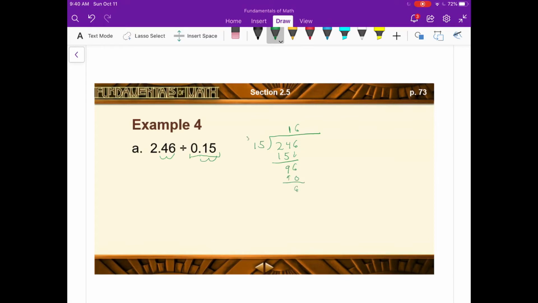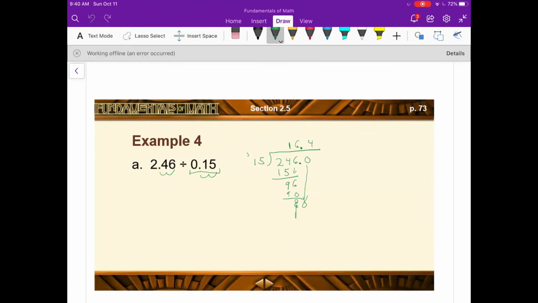This is 96, so we subtract, get 6, and then we bring down the 0. This is where our decimal place is, so we make sure we put that in the right spot. 15 into 60 goes 4 times. And then that's 60. We subtract, get 0, and there is our answer, 16 and 4/10.